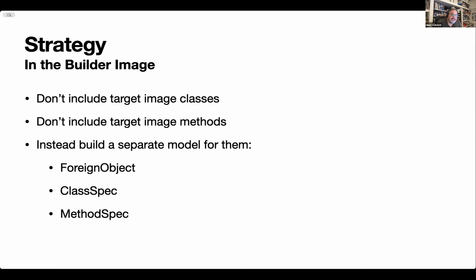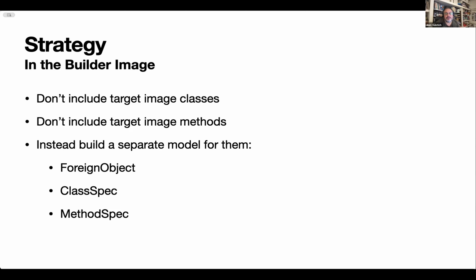The strategy chosen was, instead of loading the code in the builder image, build a separate Smalltalk model for it. These class shapes are not classes. They cannot create instances. These method specs are not compiled methods. They cannot be run, but they can be materialized into actual classes and methods.